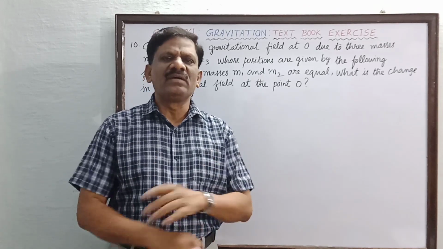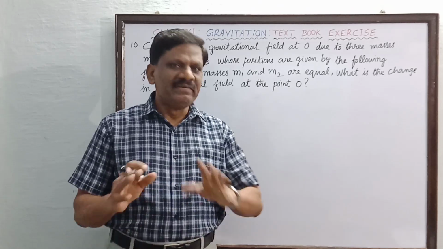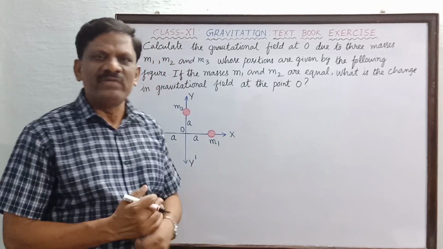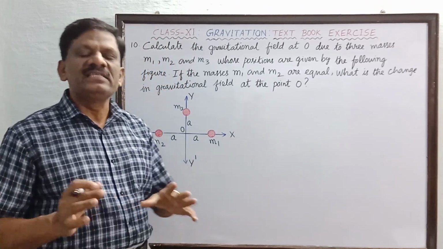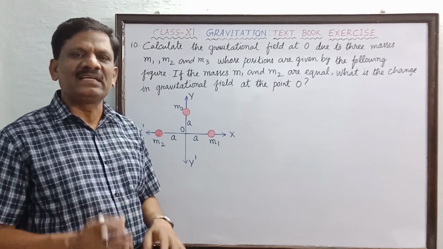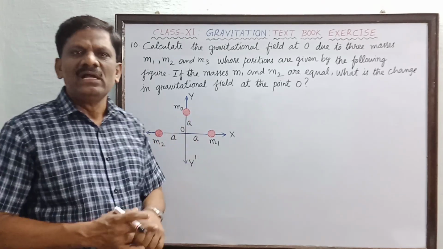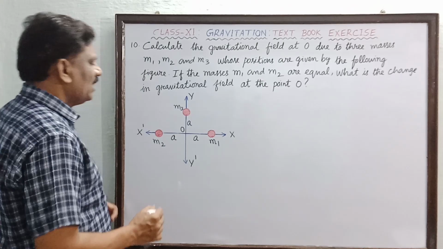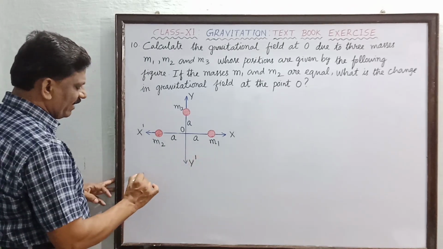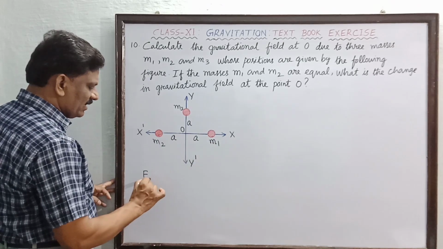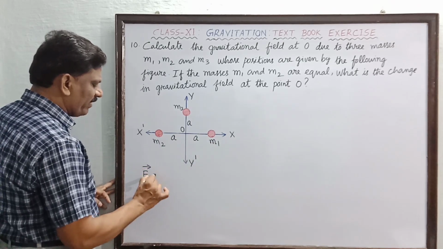So by the principle of superposition, the net gravitational field at O we have to find out, which is equal to the vector sum of the gravitational fields due to the individual masses. So I will take first the gravitational field at O due to the first mass, that is denoted by E1 vector.